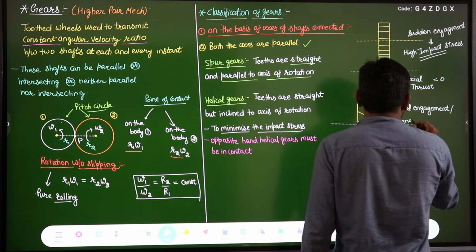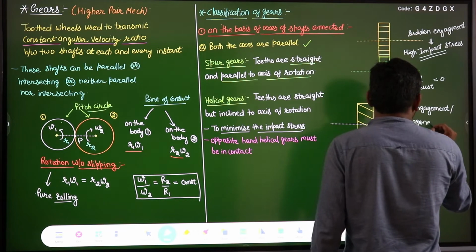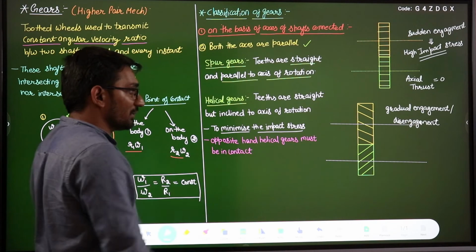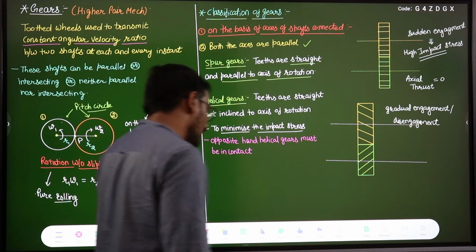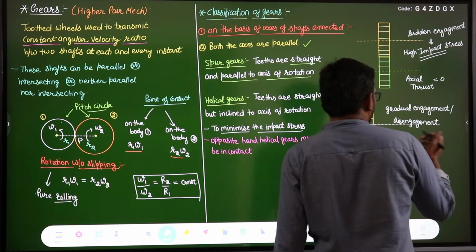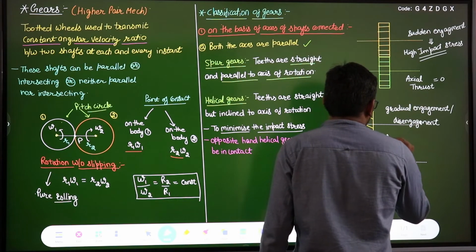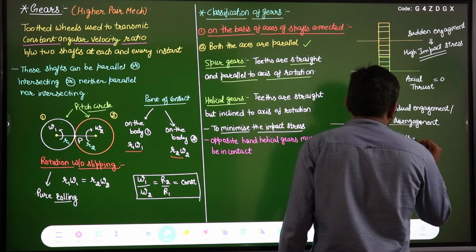The engagement will start with a point contact, then move to the surface contact, and then they will disengage at the point again. Because of this gradual engagement and disengagement, your impact stress is less. But the disadvantage is that axial thrust is generated.